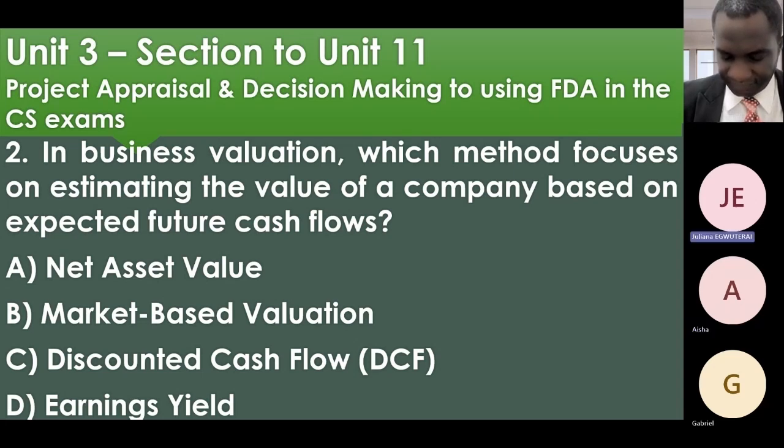Value of a company based on expected future cash flow. Is it A or B? Net asset value. Okay. We have to eliminate one now. I think it's B, market-based valuation, B. Okay. A is going for B. J is going for B also.